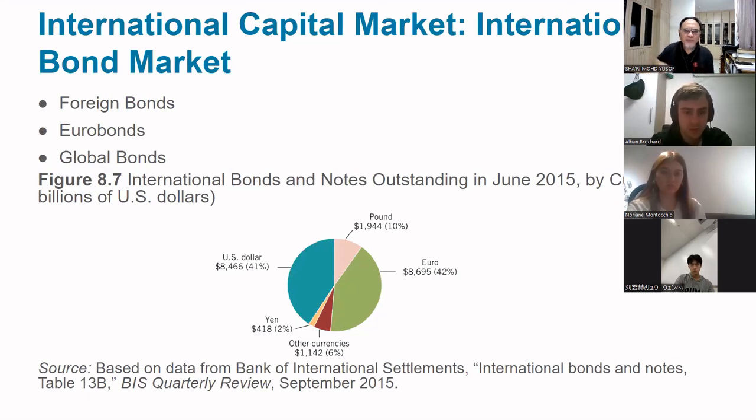The international bond market also has foreign bonds, euro bonds, and global bonds being issued by banks or financial institutions to provide an avenue for borrowing as well. The dominant currencies in the international bond market are the euro and the US dollar.